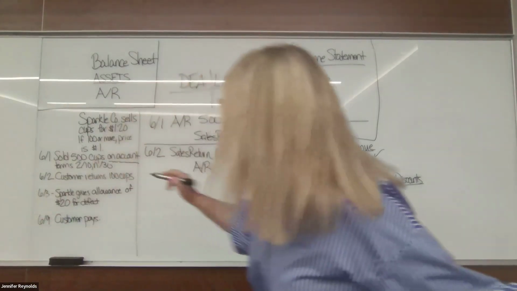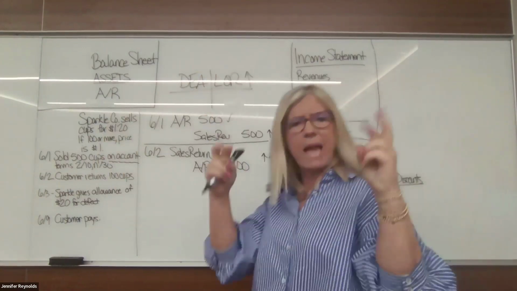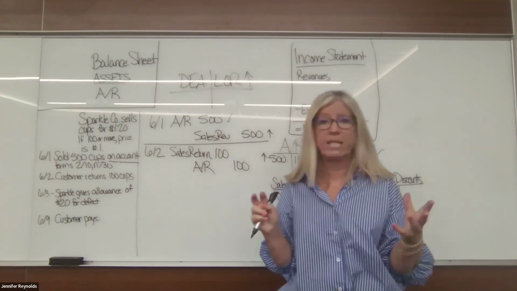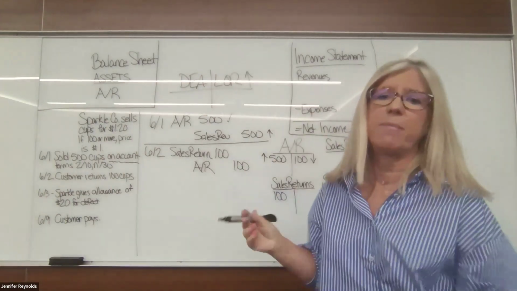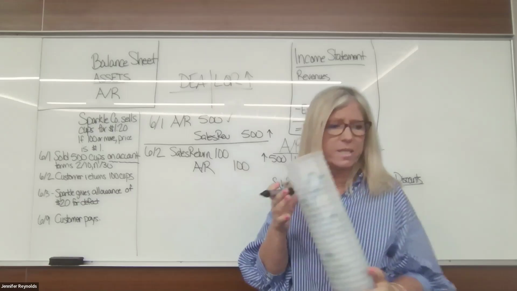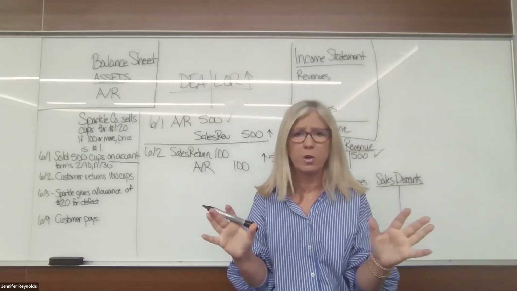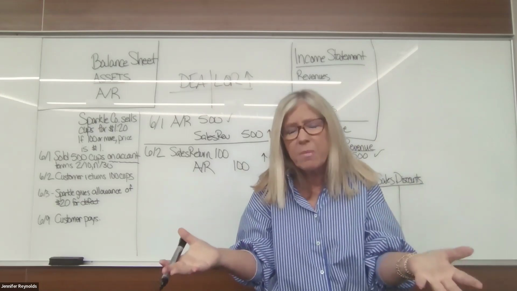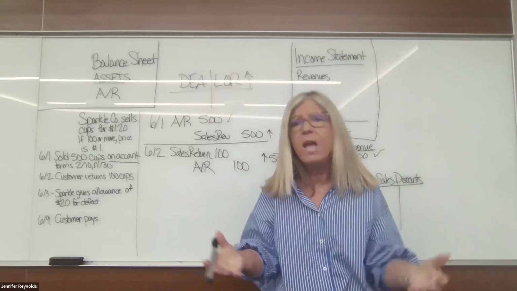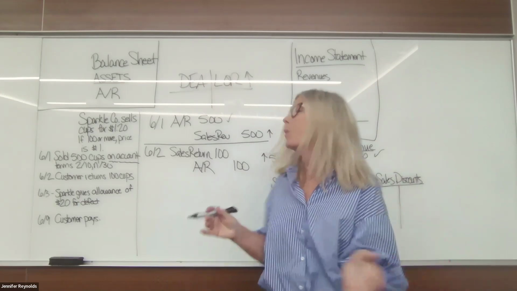The third transaction says Sparkle gives the customer an allowance of $20 for a defect. That's the example where the customer says the blue's not exactly right, and Sparkle says, I don't really want you to have to return those, will you keep them if we give you a $20 discount? The customer says okay. What does Sparkle record?